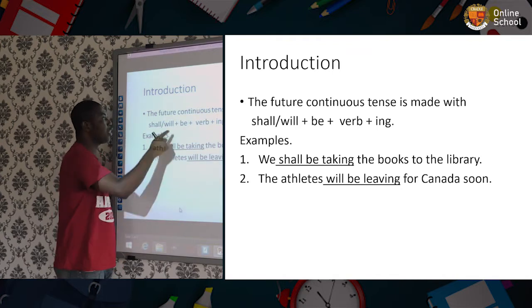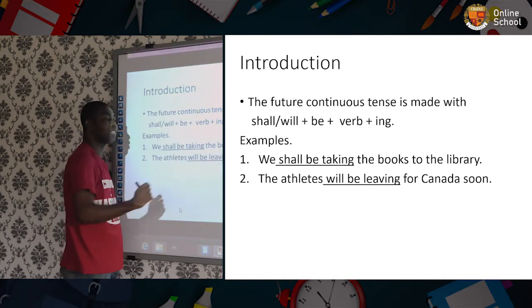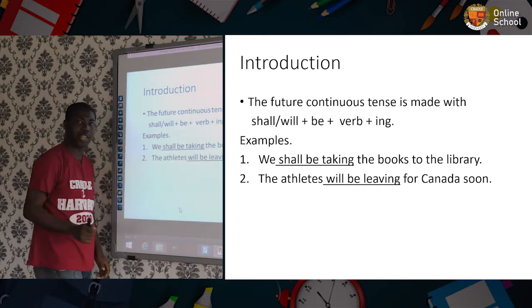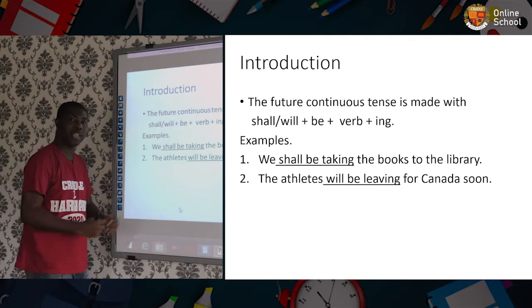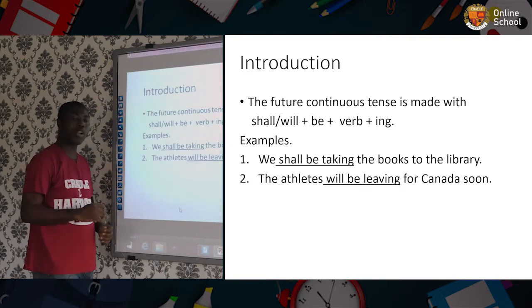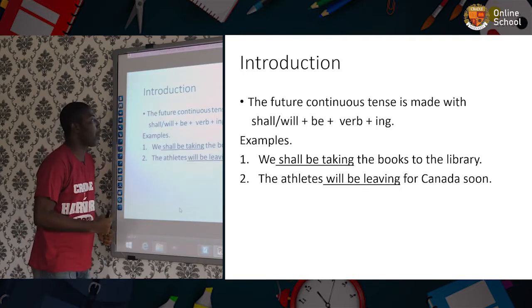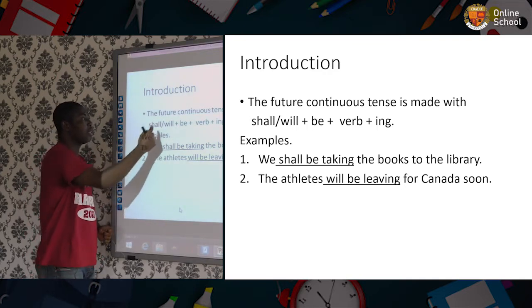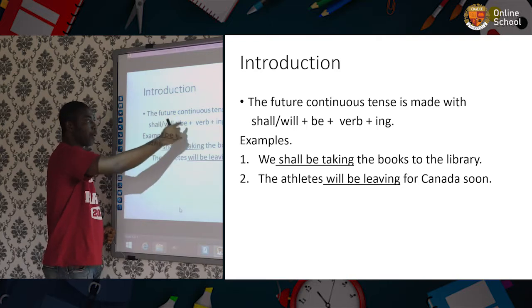You should already know by now that continuous tenses end with ing, like sweeping, cooking, flying. These are all verbs in their continuous form. So the future continuous tense is made with shall or will plus be plus verb plus ing.